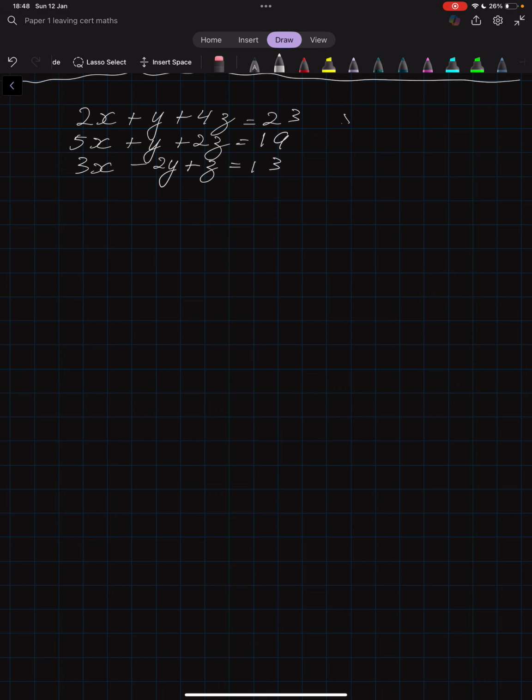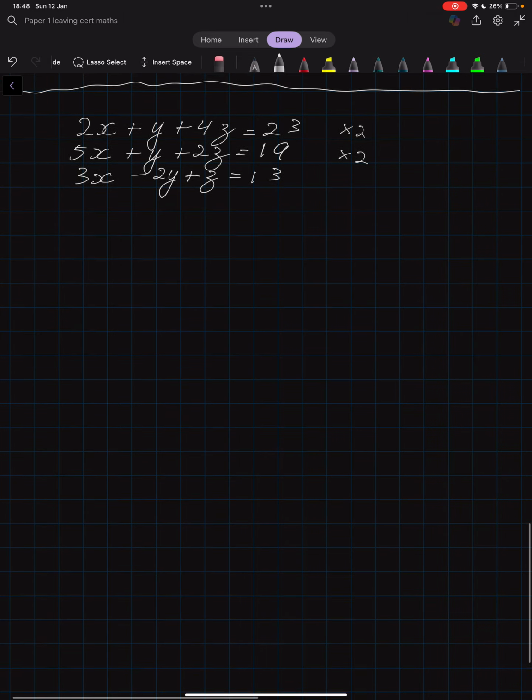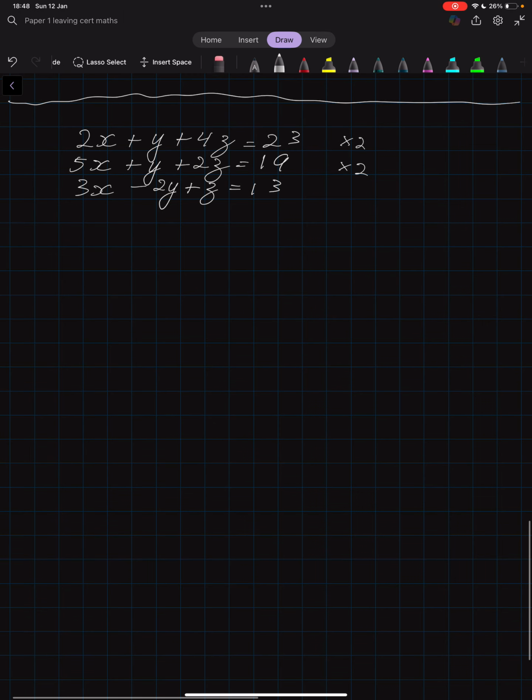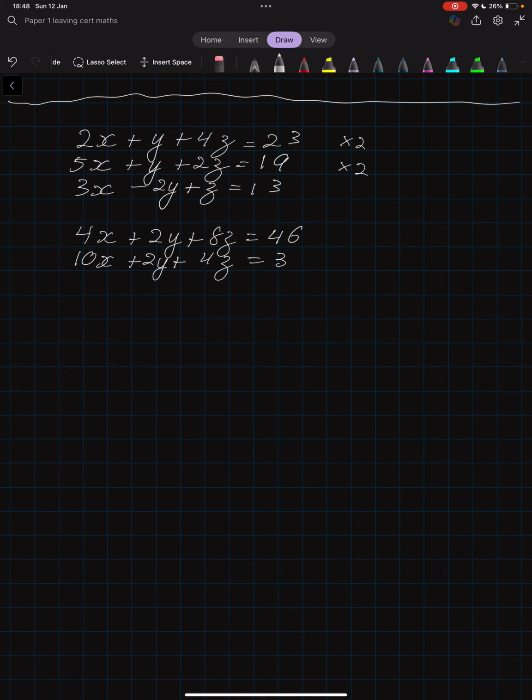So if I rewrite these, multiplied by 2, I get 4x plus 2y plus 8z equals 46. I get 10x plus 2y plus 4z equals 38. And then the last equation is just the exact same as what it was. Call this equation 1, equation 2, and equation 3.